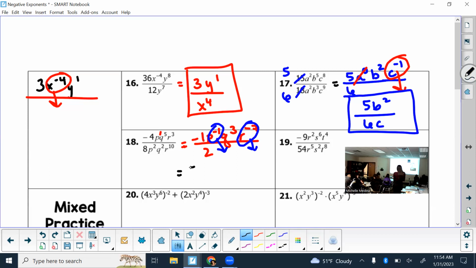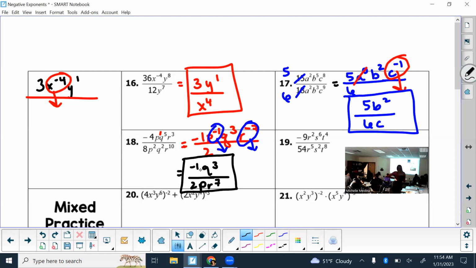So I have negative 1 Q cubed over 2 P to the 1 R to the 7. All right, you could just have negative Q cubed. Either way, you need that negative in there. But yeah, that is it. Question?